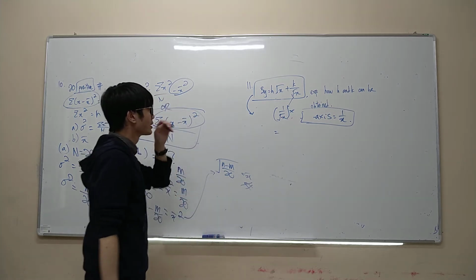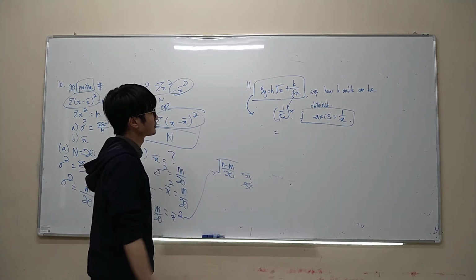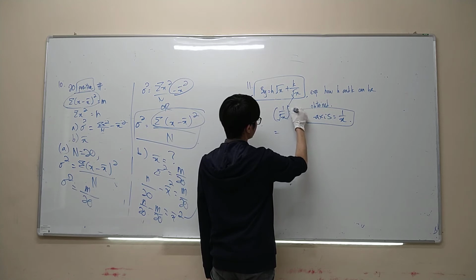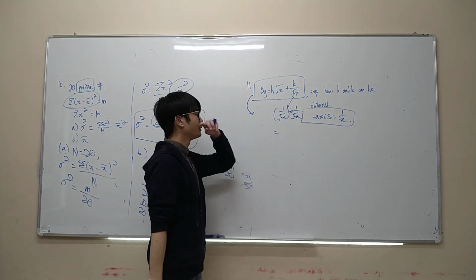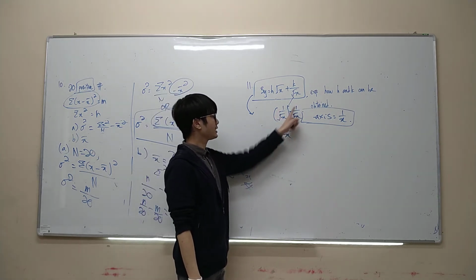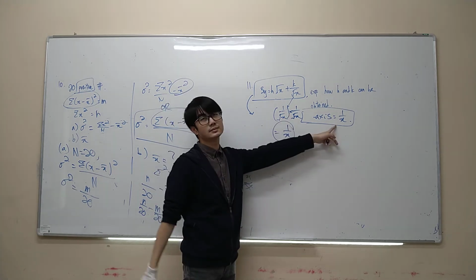So what you will do is, you bahagi dengan square root x like this. It means you times 1 over square root x. Because once you do this, you get 1 over x. Because atas darab atas, bawah darab bawah. So you know square root x and square root x is x. So dapatlah 1 over x.